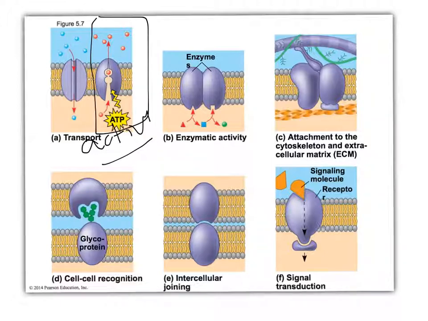As a channel. All right, this is an example of what we call facilitated diffusion. Okay? In facilitated diffusion, molecules move along their concentration gradient from an area of high concentration to an area of low concentration, in this case facilitated by a protein. In this case, it's a channel.